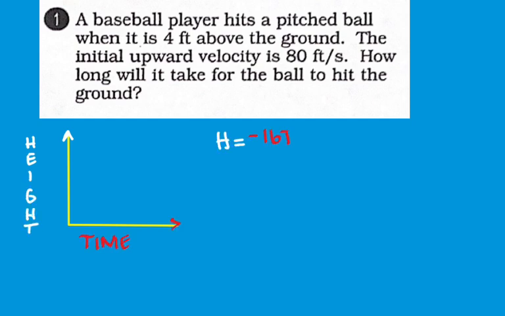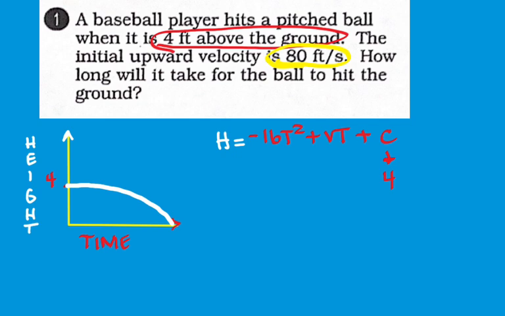It starts off at our c value of 4 feet, and it's going to get hit at 80 feet per second. And we already know the gravitational pull on that. We are going to set this equation to equal 0 because we want to know when it hits the ground, when the height is nothing, right?